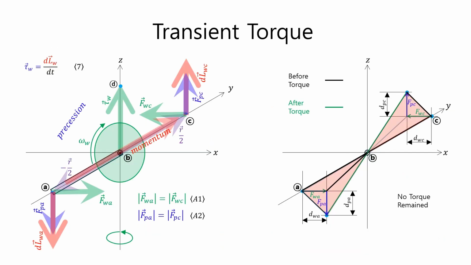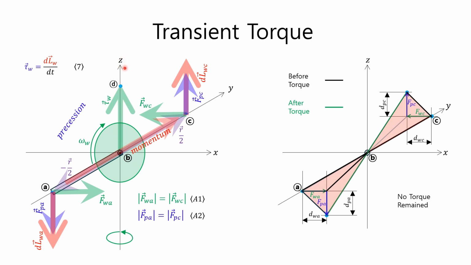Let's look again at the precession motion of the gyroscope for the transient torque. As before, point A in the left figure here represents the right hand position and point C represents the left hand position. If we transiently pull the left hand with the force Fwc for time dt and push the right hand with the force Fwa and stop, the reference axis of the transient torque tau w that occurs at this time will coincide with the positive z-axis.